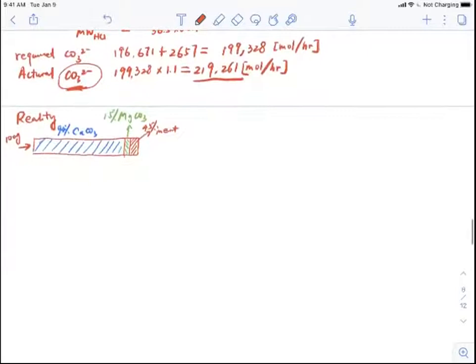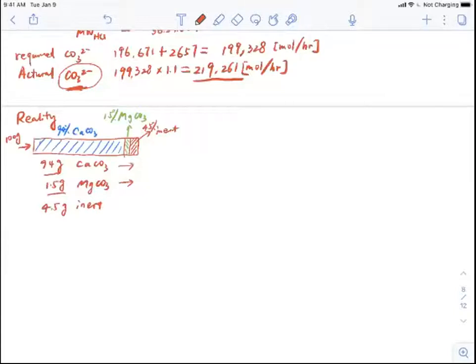Okay. So if you have 100 grams of the limestone, you know that you have 94 grams of the calcium carbonate, 1.5 gram of the magnesium carbonate, and then 4.5 gram of the inert. But based on the mass here, you can find out how many carbonate ions are there, right?